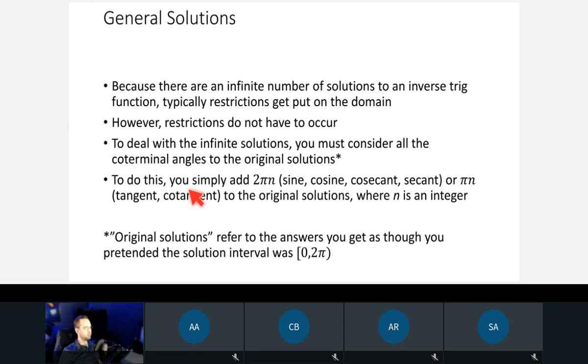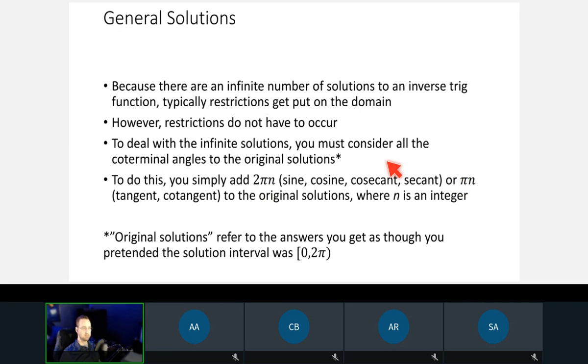And it's as simple as this line right here. So for sine, cosine, cosecant, secant, all you're going to do is to the end of your answer, add plus 2 pi n. And then if it's tangent or cotangent, you're just going to add plus pi times n.